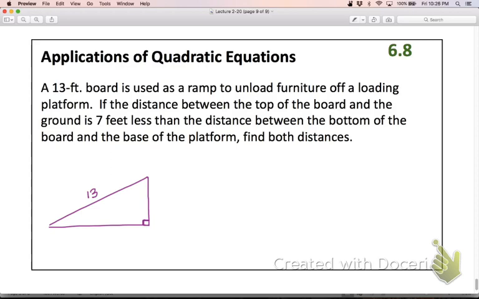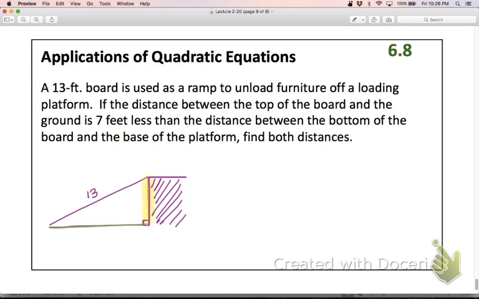So it says the distance between the top of the board and the ground, so that's this one, is 7 less than the distance between the bottom of the board and the base of the platform. Well, the platform is right here. It's like this. Like this is what the ramp is going up onto. So the base of the platform is here. So the second thing that they're talking about is this right here.